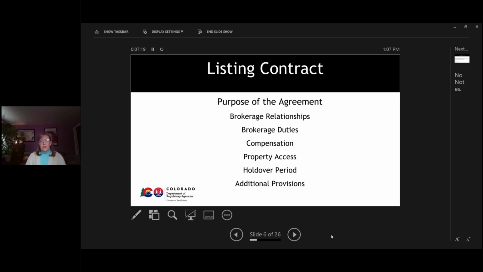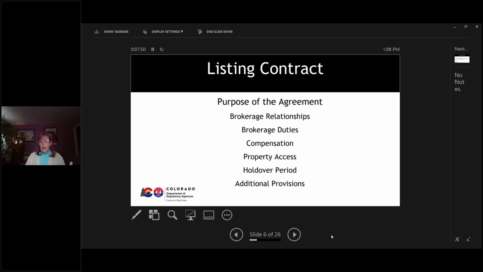So one of the other parts about the listing agreement that you need to be aware of, particularly from the buyer side, is the listing agreement is going to ask you basically what the broker is representing you for. And if I want to buy a house in the state of Colorado, the property description can be as basic as Marcia wants to find a residence in the state of Colorado, or it could be really specific to, I'm looking for a residence in Denver, Colorado.